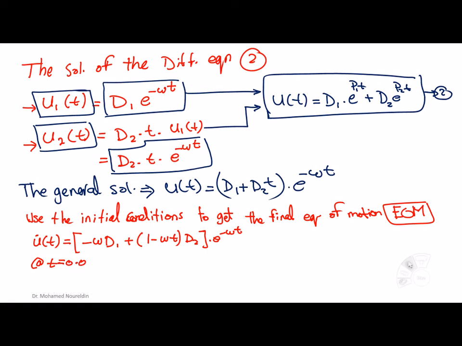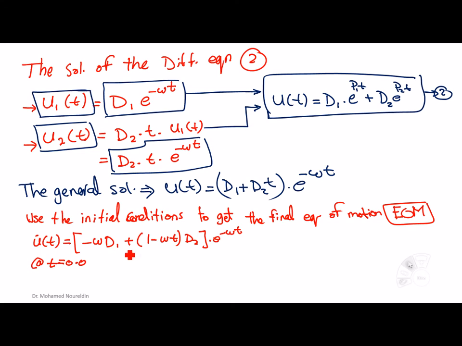Let's go to the next page to make it. So we say that at t equal to 0, what will happen? In this case, u is going to be u node, which is going to be d1 directly. Let's go back here.